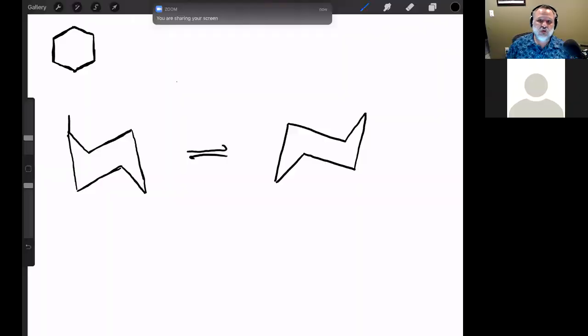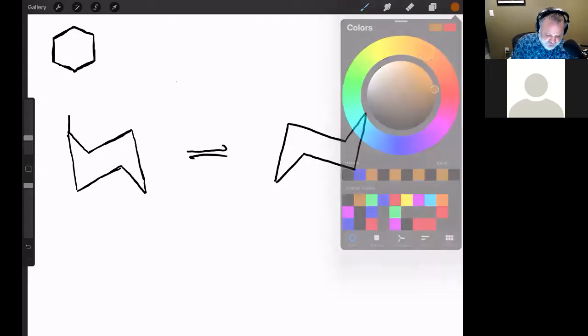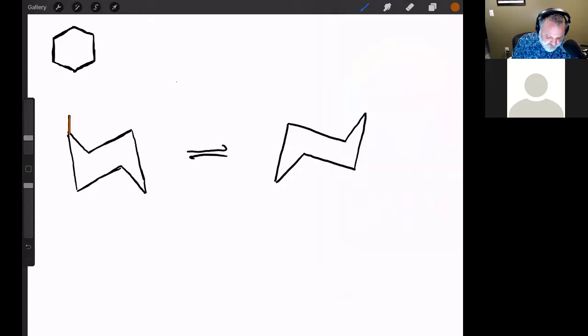Those are some of the things you're going to have to bring into play when you're drawing these pictures. So let's go back and take a look at the picture we started to draw. Here's the picture that we're starting to draw. I said let's start in the same location every time, in the top left corner. What that means is I want to draw the bond up.